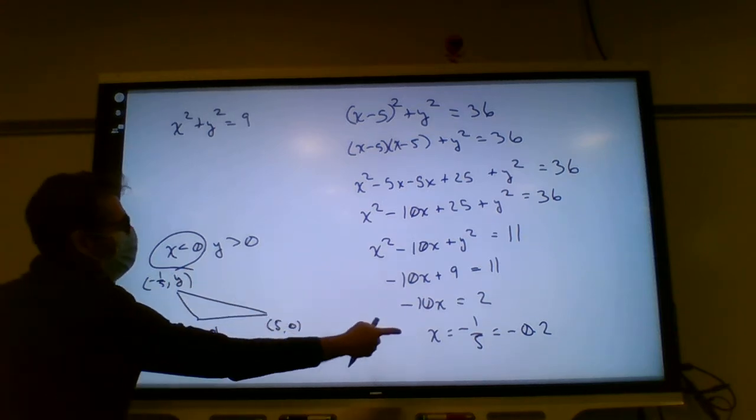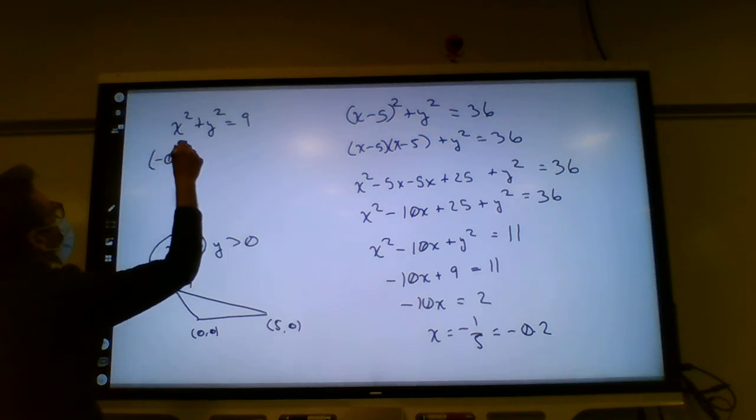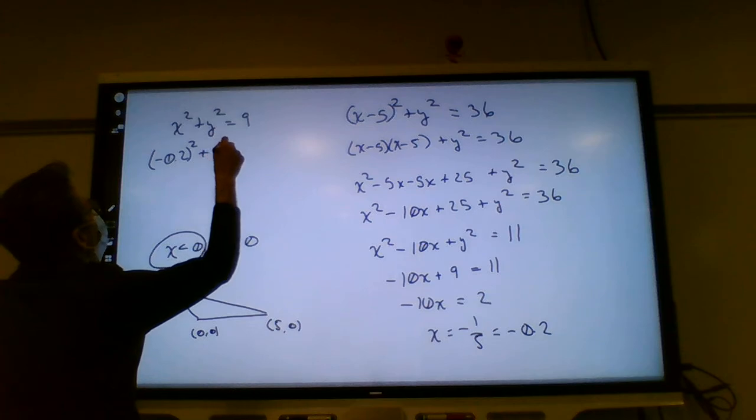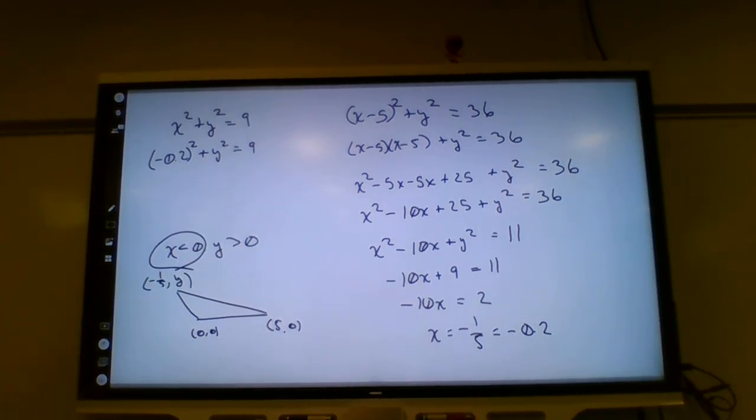So you can just put the x into the x squared plus y squared. Yeah, so let's put that x value in here. So we get negative 0.2 squared plus y squared equals 9. What is negative 0.2 squared?